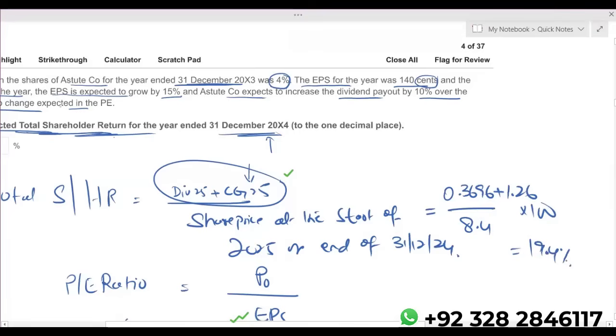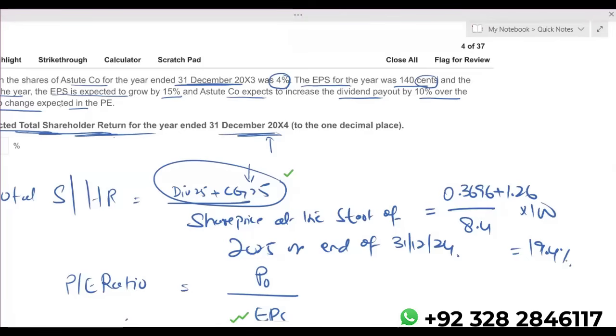Let me repeat again. First, you need to know the formula of total shareholders return. Total shareholders return will have two elements. One is expected dividend plus expected capital gain. Capital gain is simply the difference between two share prices. The share price which we are expecting, that is going to be in X4, and in X3 we know the share price.